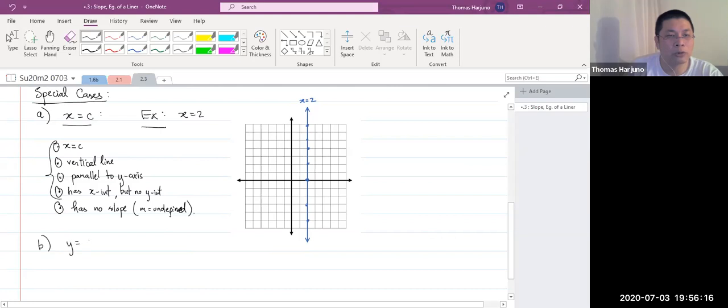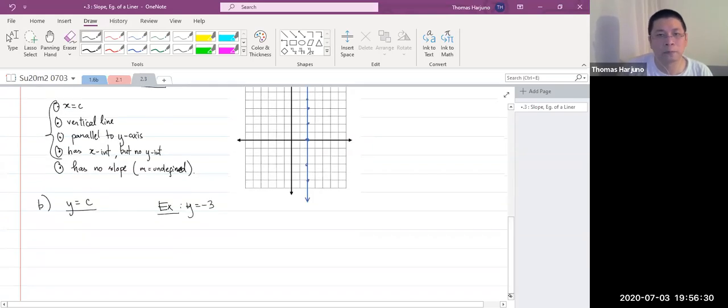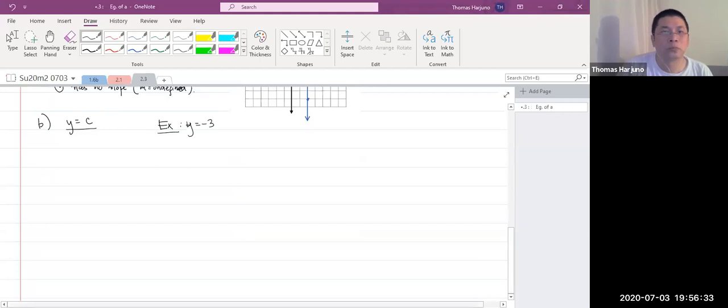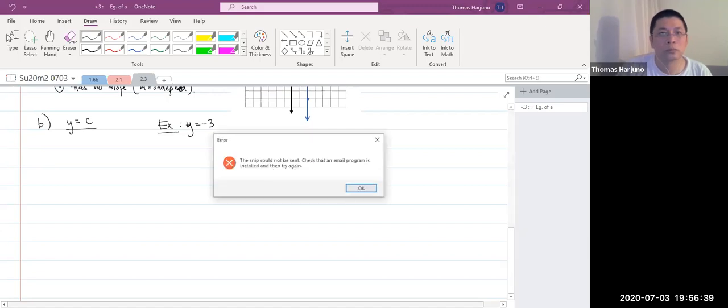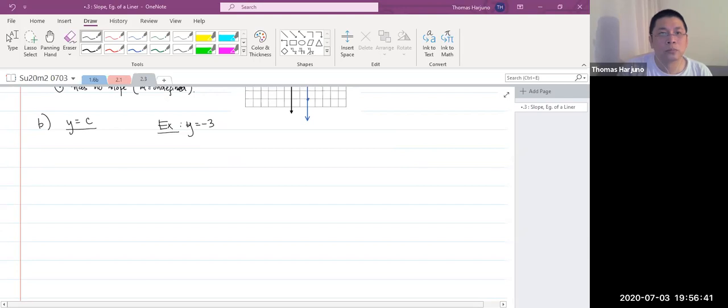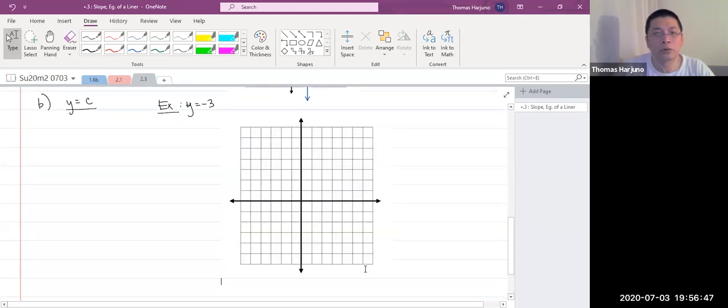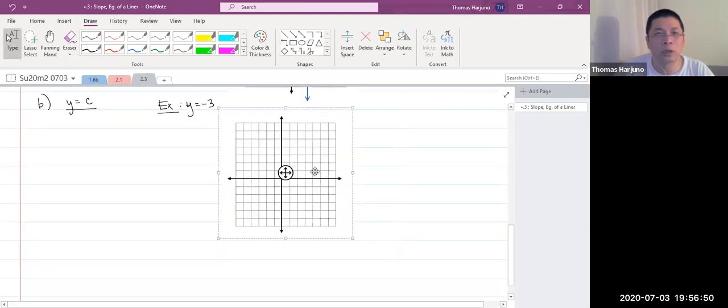How about y equals a constant? For example, when we say y equals -3, I just pick a random number to help us visualize that. Y equals -3 is the line at which the y component has to be -3.